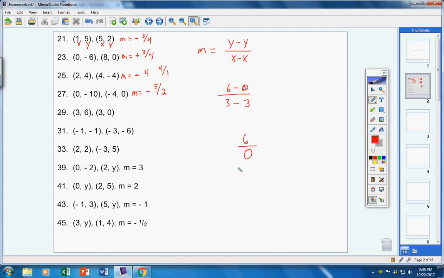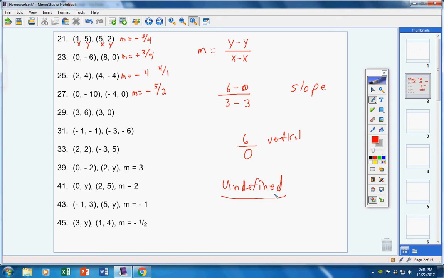Now, students, please listen carefully. Anytime you're trying to find the slope of a line and you get 0 in the denominator, that means the line is vertical. Thus, the slope is undefined, okay? Undefined.